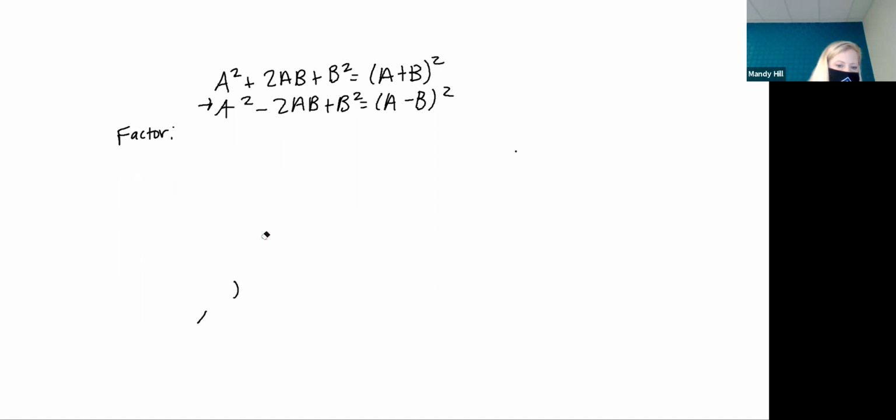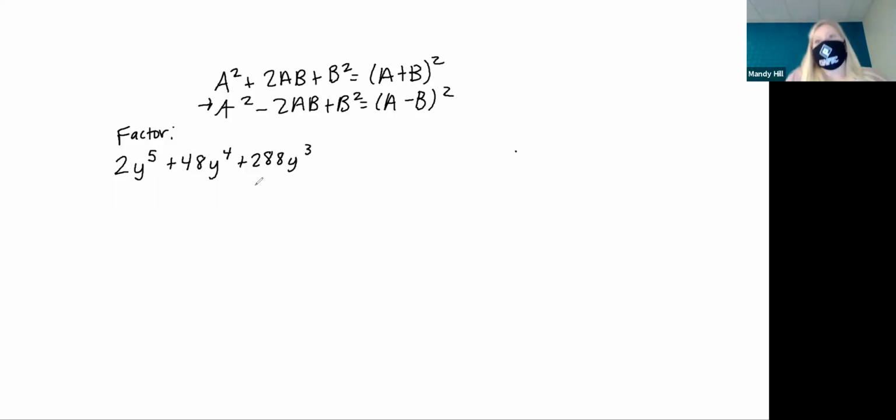Okay, so this next problem, we have 2y to the fifth plus 48y to the fourth plus 288y to the third, okay?